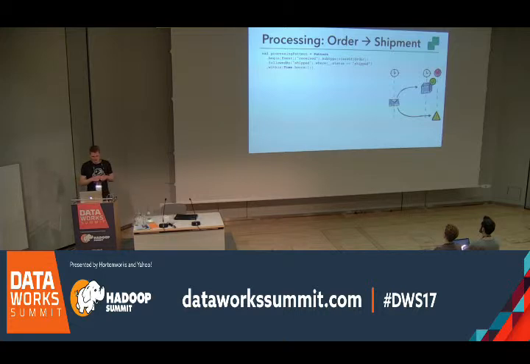Then we say that after we've seen this order event, the next element, called shipped, follows, such that the shipped event has a status field equal to shipped, which is basically equivalent to saying that it's of subtype shipment. And this whole thing should be found within a time frame of 1 hour.